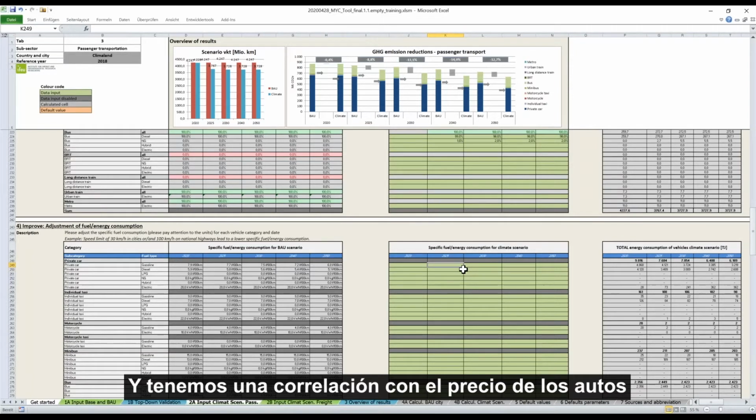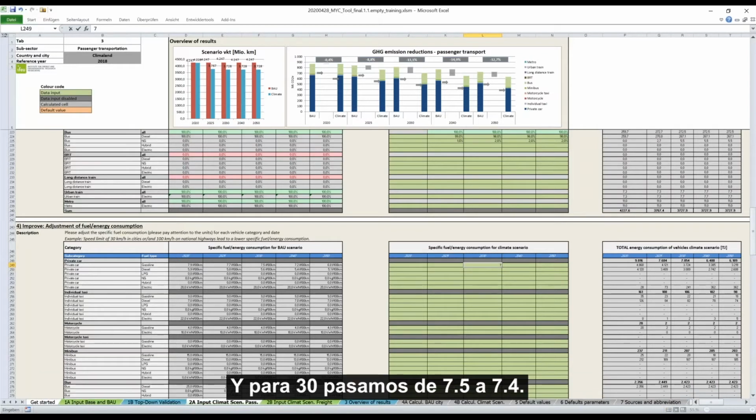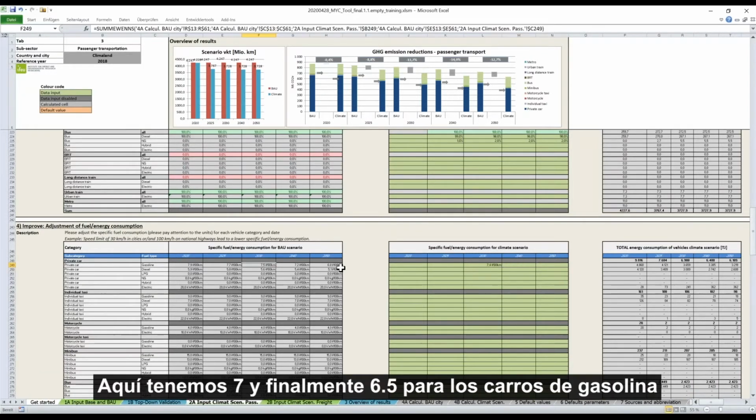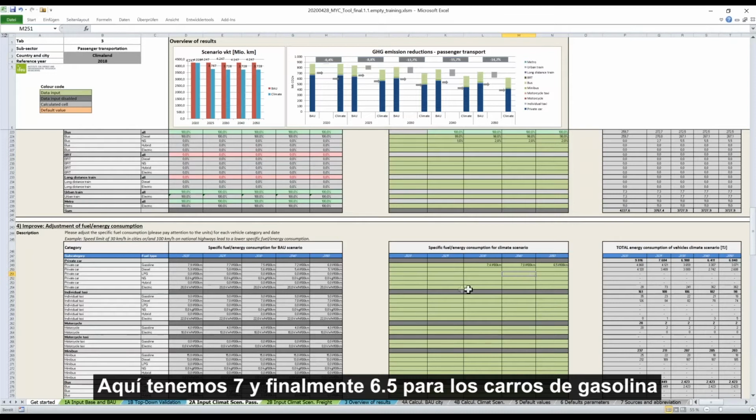The tiniest cars, like the compact ones, are less expensive than your SUVs at the end of the day. So it could be that you've reduced in average your fuel consumption, for example. And we say instead of 7.5, we have 7.4. And here we have 7. And we finally have 6.5 liters per 100 kilometers for gasoline cars.